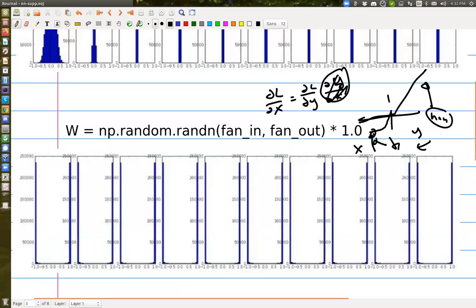So either way, we want to make sure that your weights are appropriately initialized so that they are not too big or too small.